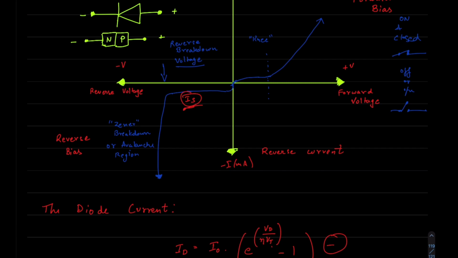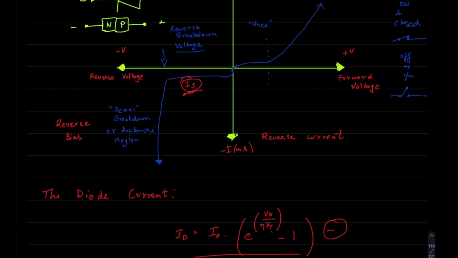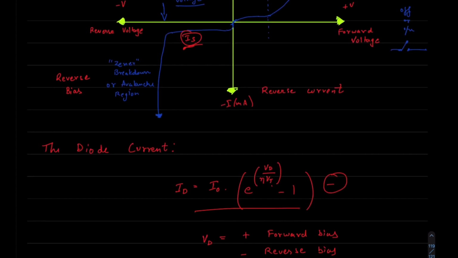The minority charge carriers in N-type material are holes, and in P-type material are electrons. So more temperature means more electrons getting out of the valence band and going into the conduction band, and more holes being made in the valence band. So these move, and so more temperature, more current.